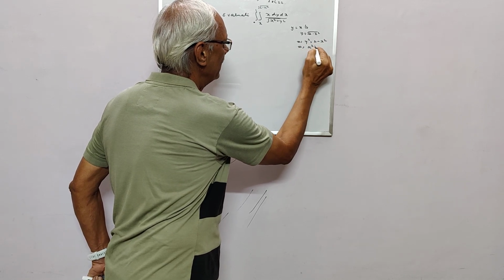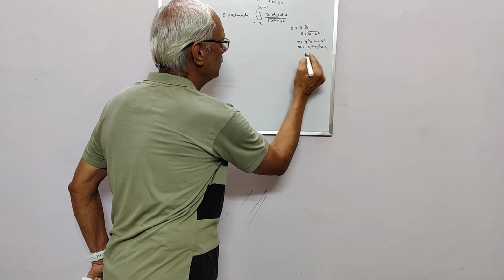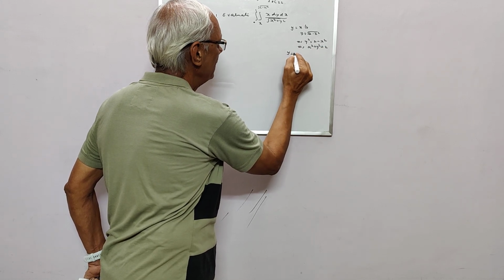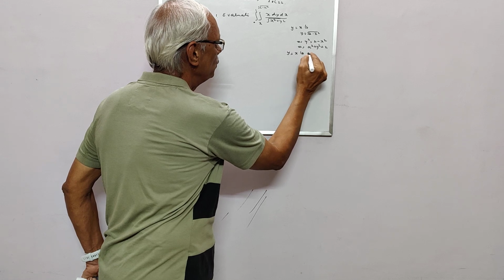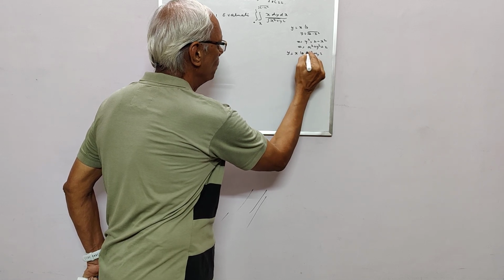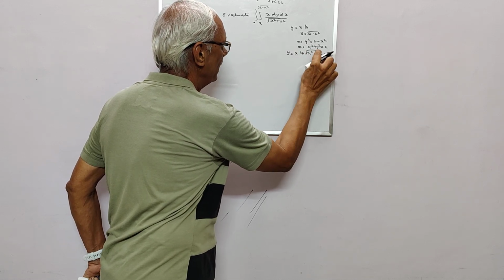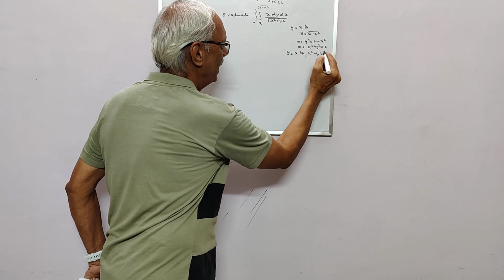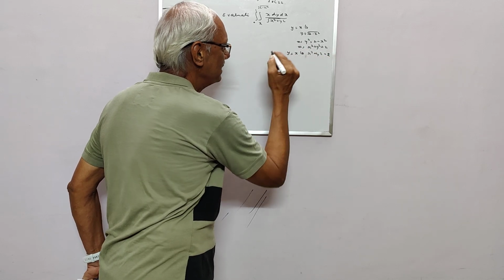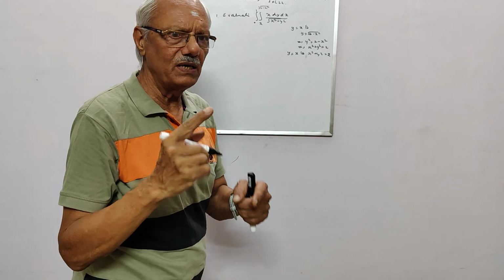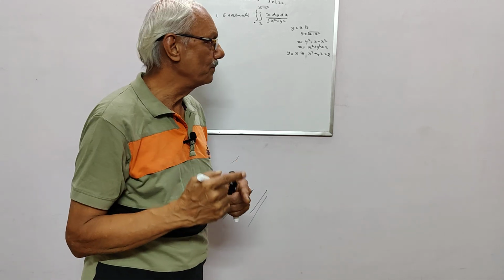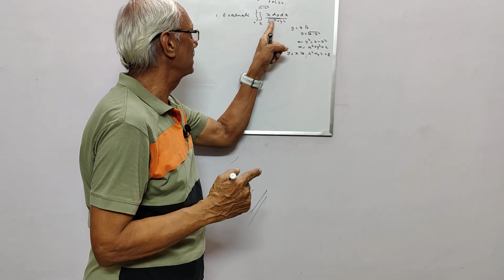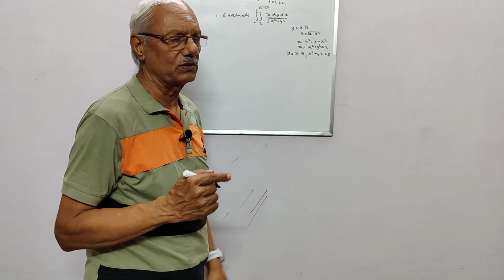This implies x squared plus y squared is equal to 2. So this is the given limit with respect to x. With respect to y, it is y is equal to x to this much.